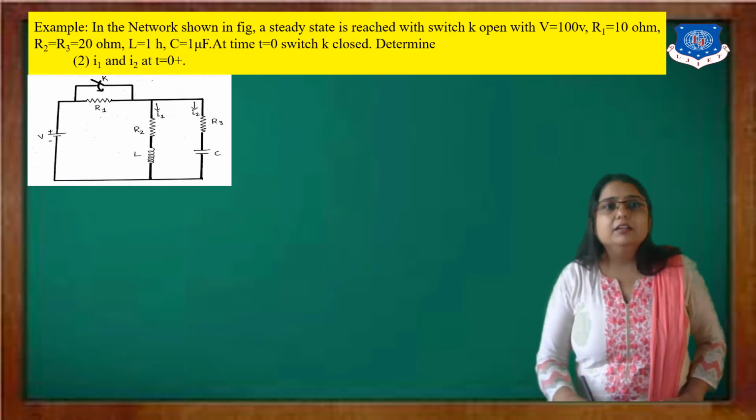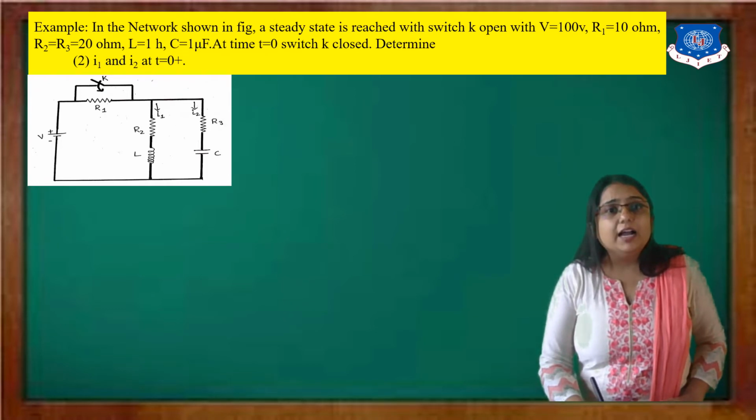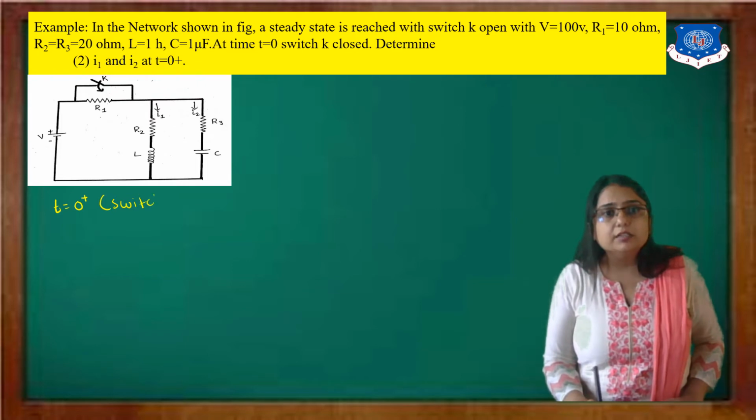Now second, here we want to find out I1 and I2 at t equal to 0 plus. We know that at t equal to 0 plus, we have to consider that my switch is closed.